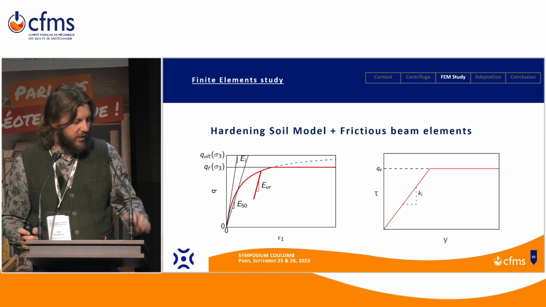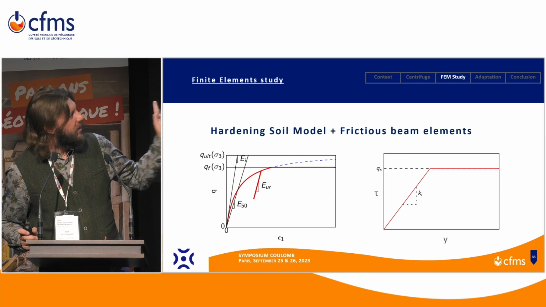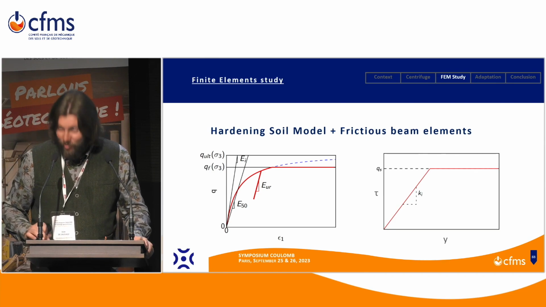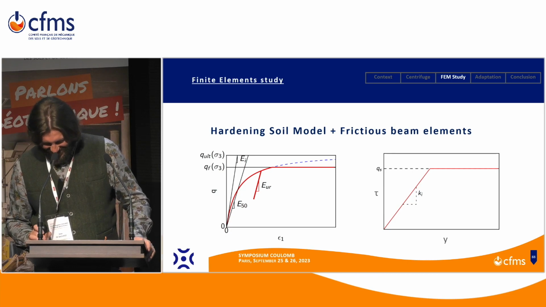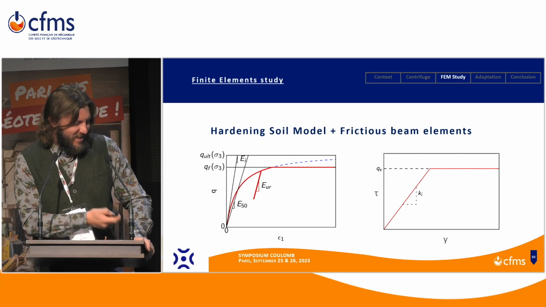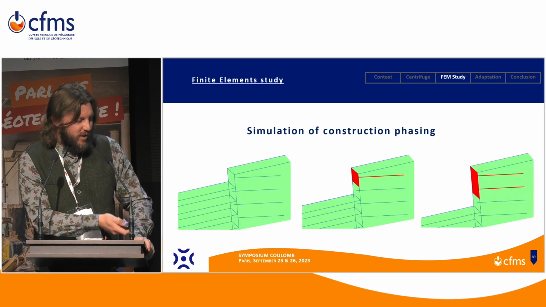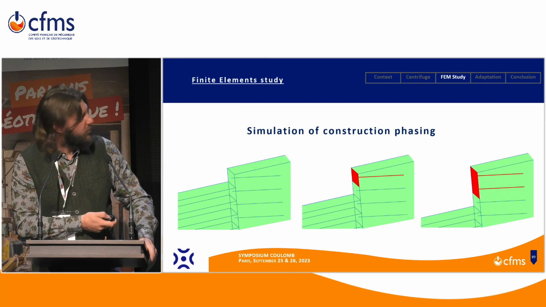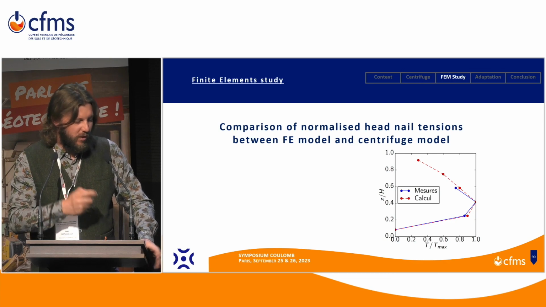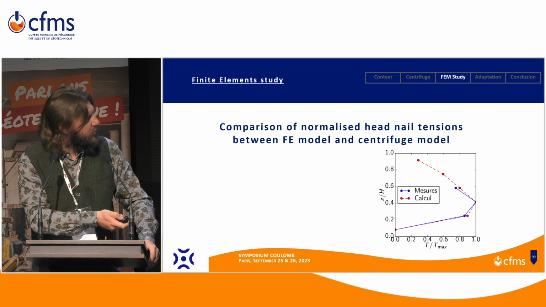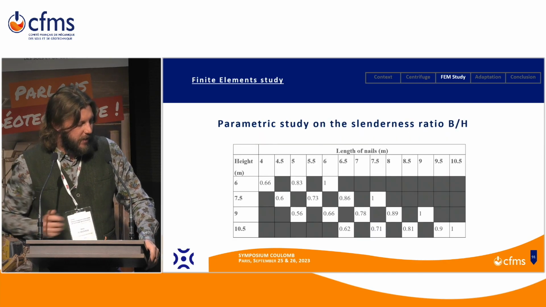And we used a quite simple law for the hardening soil model. Since Emmanuel Bourgeois said yesterday it was satisfying, I think, okay, it's good. We used, of course, the construction phasing. Our measurements were in accordance with the centrifuge results.